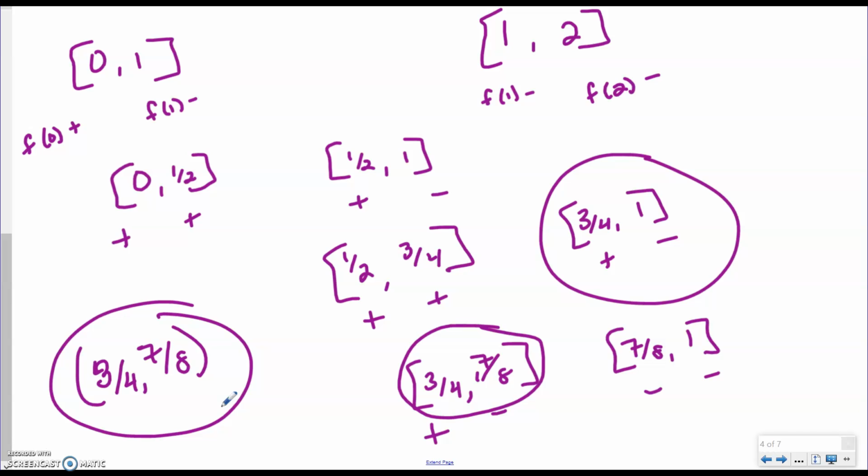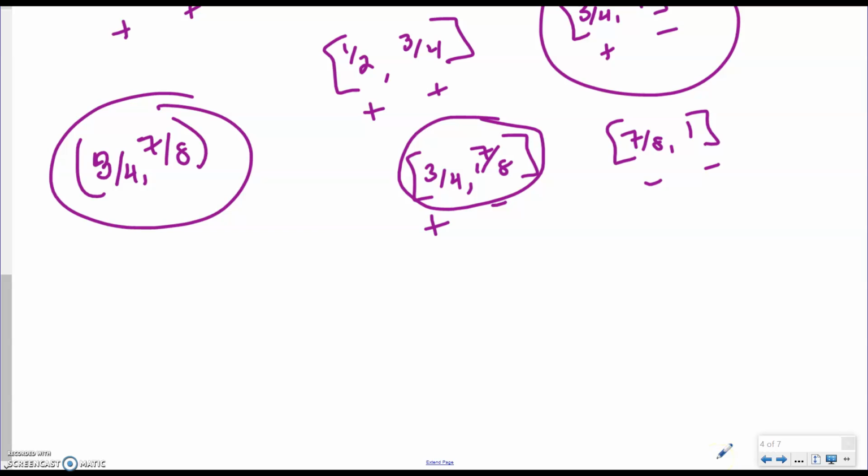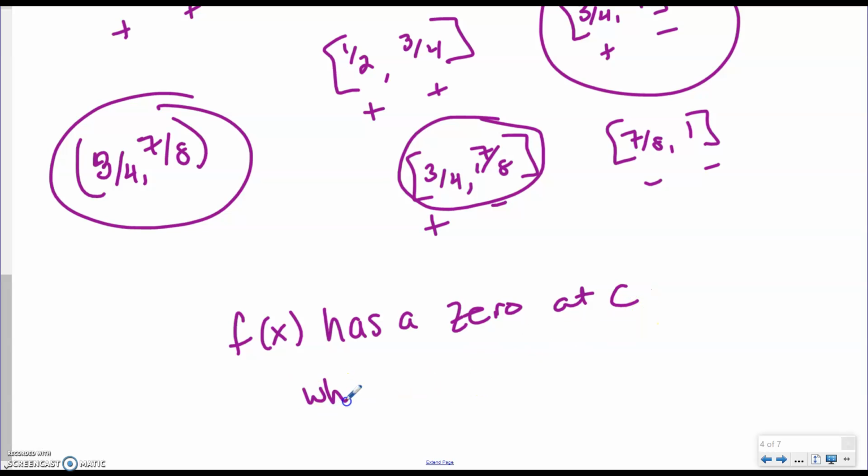So pretty much the way we would write that in calc speak, f of x has a 0 at c when c is between 3/4 and 7/8. And again, I'm not including those endpoints.